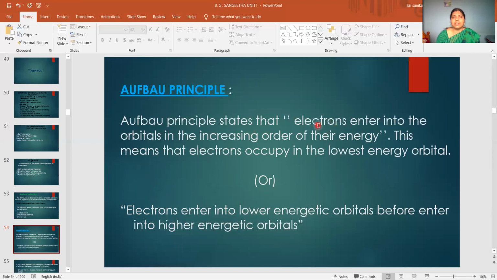Either you can give this statement or that statement; both are the same, so whatever you feel is easy, read that one. In the increasing order means lower to higher. Understood, all of you? First they will enter into the orbital which has less energy, then they will enter into the orbital which has more energy.